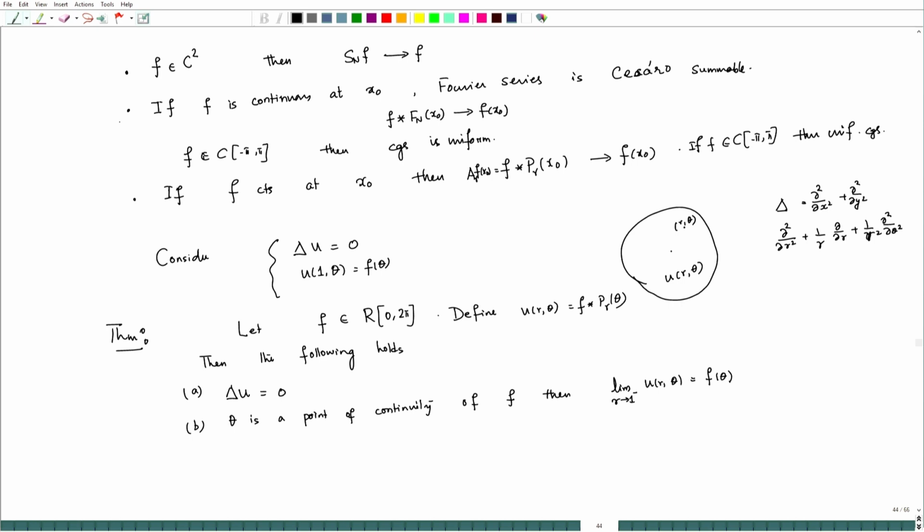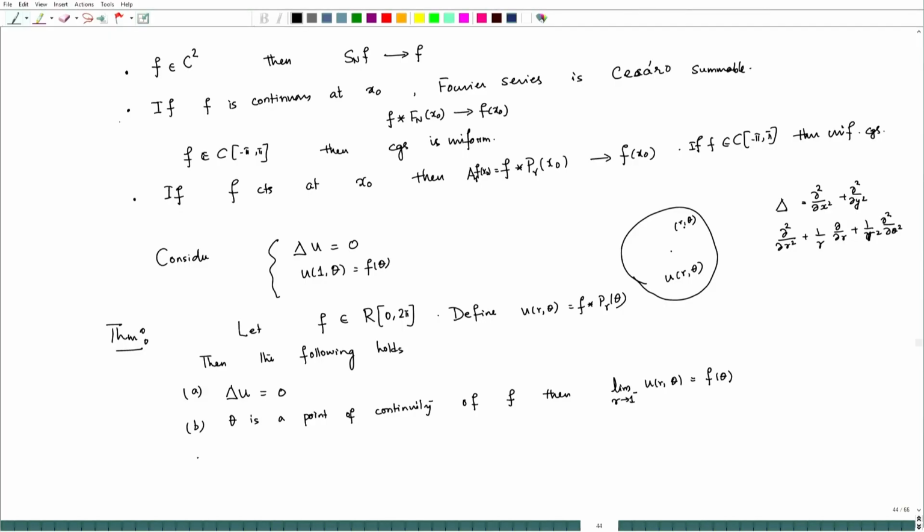Now, in particular, in the Dirichlet problem, if we are given f a continuous 2 pi periodic function, we can identify this as a function on a circle, then f convolution P_r of theta is going to solve the Dirichlet problem in the disk.